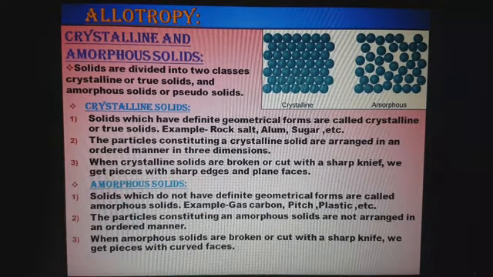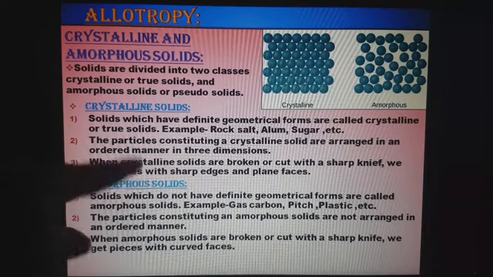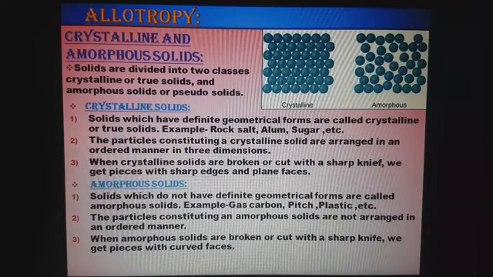Here we are not going to get pieces with sharp edges or plain faces. I think the difference between crystalline solids and amorphous solids is clear. For crystalline solids, I told you that they are almost incompressible and rigid, but in the case of amorphous solids, these can be compressed and are soft in nature.